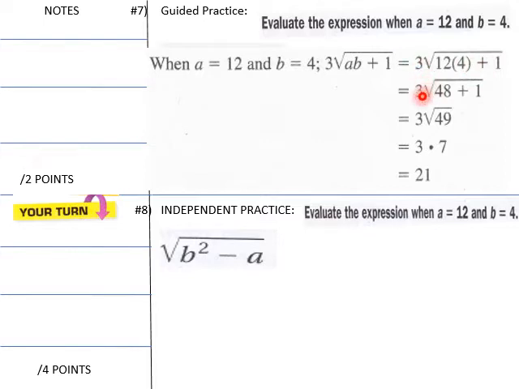So it'd be 3 times the square root of 48 plus 1, and then 3 times the square root of 49, which is 7. So 3 times 7 would equal 21 is what this expression evaluates to.